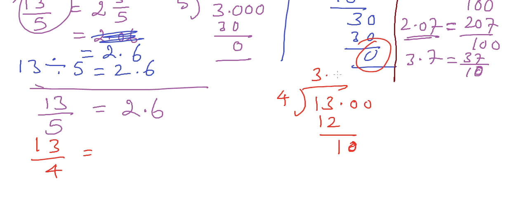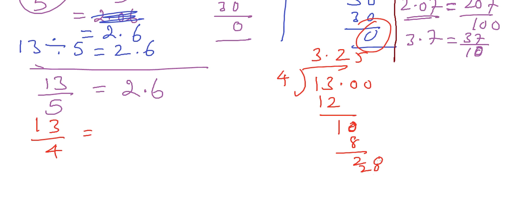Then 10 divided by 4 is 2 times, 8, remainder 2. Again 0, 20, so 5 times 4 is 20. Again we get remainder 0, so after that no more digits. So 13 by 4 is 3.25.